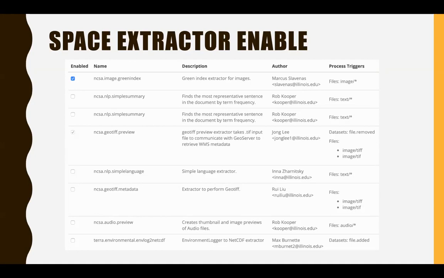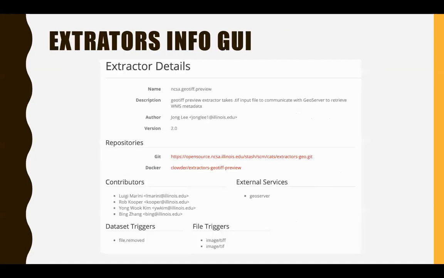I will also mention that this page has a lot of information about extractors, including the process triggers. We'll talk a little bit about that in a second. And that information is also available in a new page where, for each extractor, we now require every extractor to have this information defined.